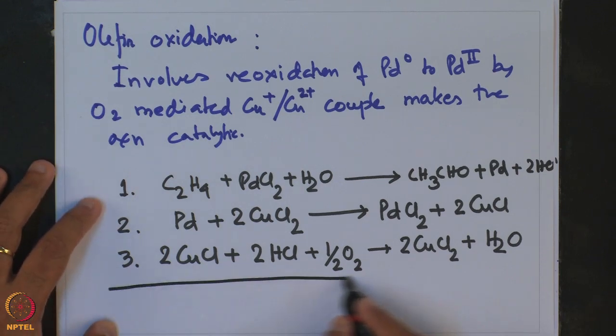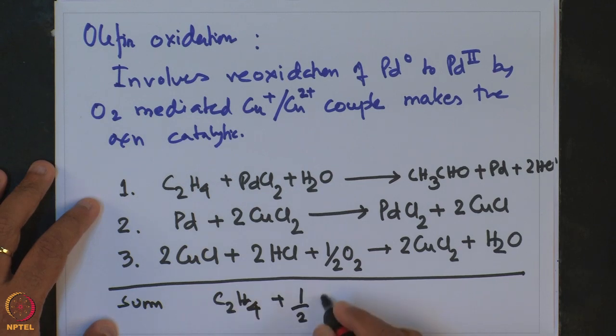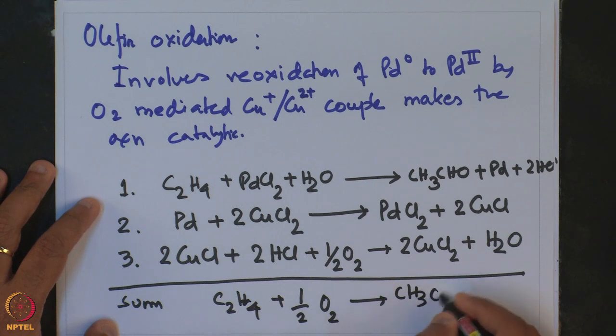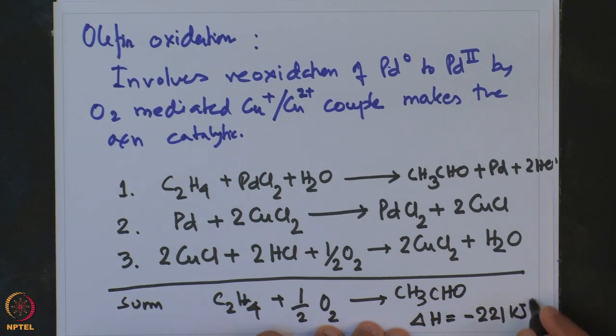So, the net reaction is C2H4 plus half O2 giving CH3CHO, and delta H for this reaction is minus 221 kilojoule per mole.